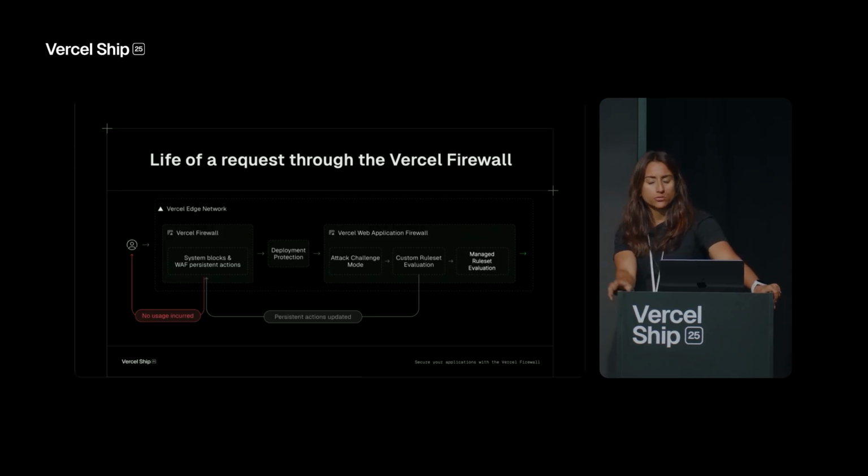We'll issue a challenge if we don't see that they have solved one. So this is the first thing that we evaluate from the Vercel firewall, and again, we'll do a demo of that. If it's not enabled, the request will just continue on normally.